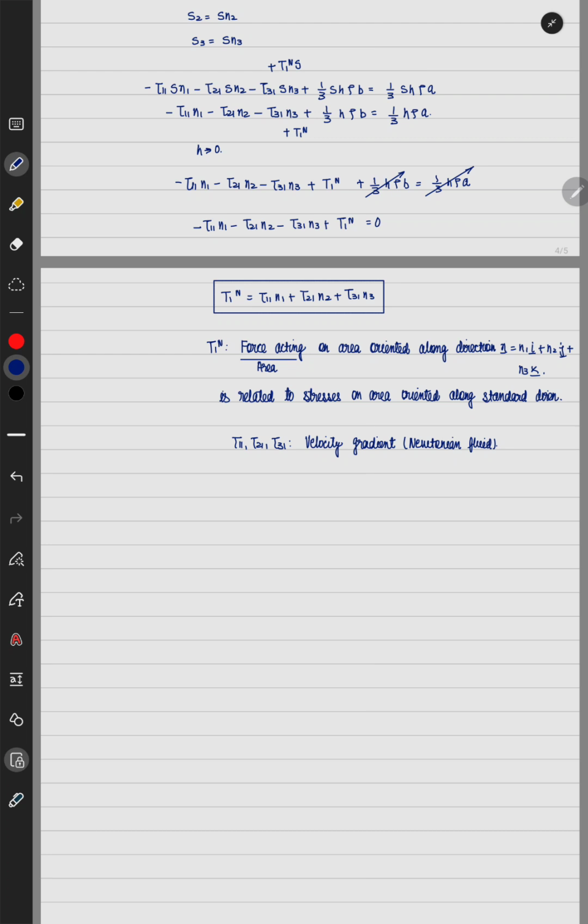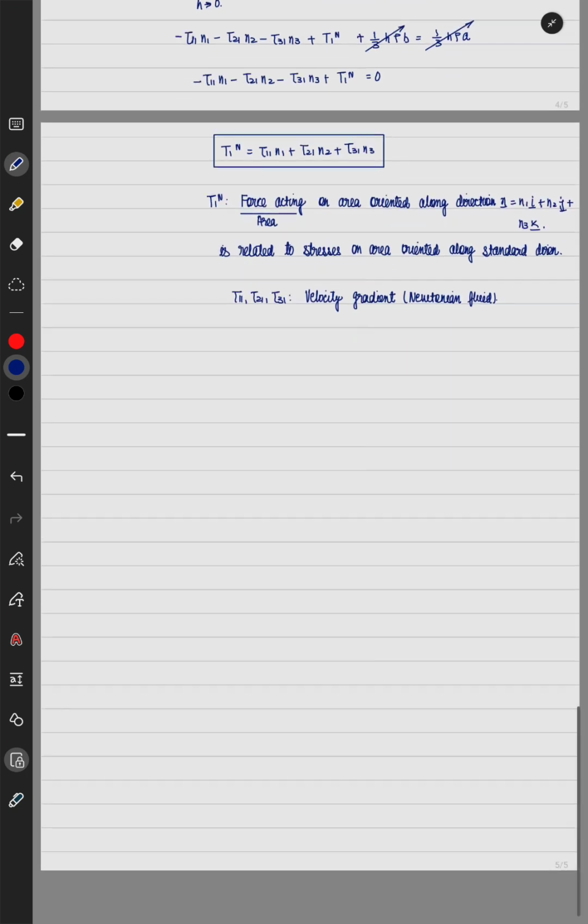Any particular area oriented randomly, how can I identify that area? I will identify that area by the n vector. So we have information about the n vector and about tau 11, tau 21, tau 31, so T1n can be easily calculated. So the traction vector on any area in a flow field in any random direction can easily be obtained.